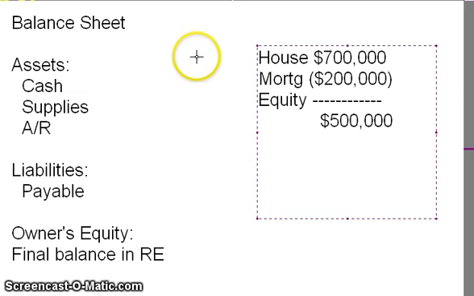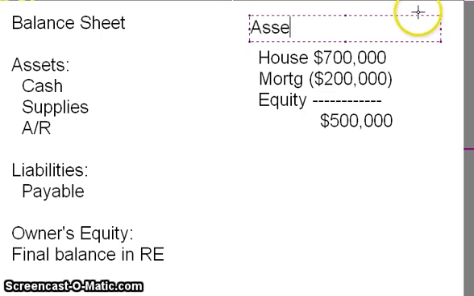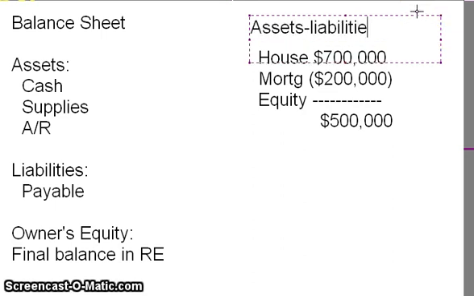The way the balance sheet works is actually based on this little formula I'm going to put up right here: assets minus liabilities equals owner's equity. That equation is pretty much one of the most golden equations of accounting.